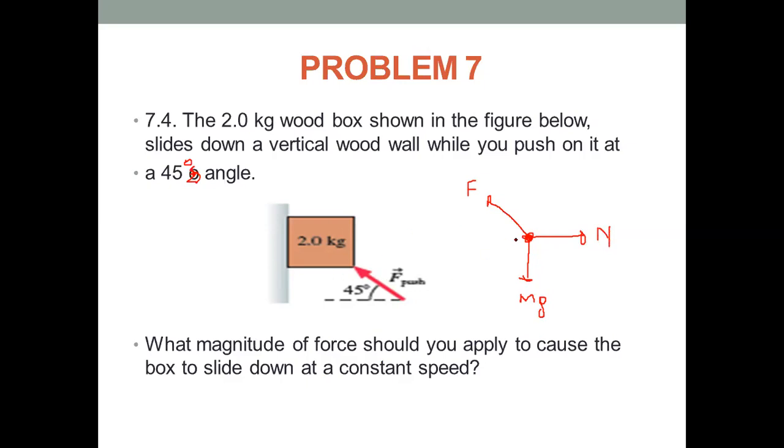There is also a frictional force, because the motion is downwards, so the frictional force will be in this direction. Let's write small letter f for frictional force. That is our free body diagram. This is 45 to the horizontal, so it's also 45 to the vertical.